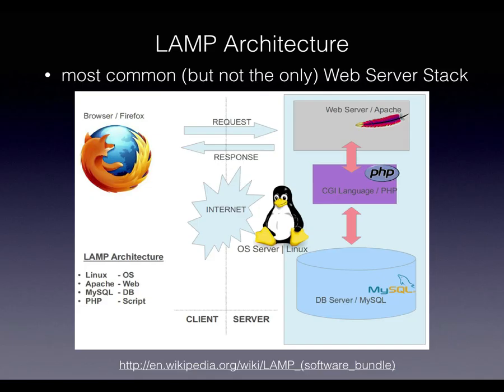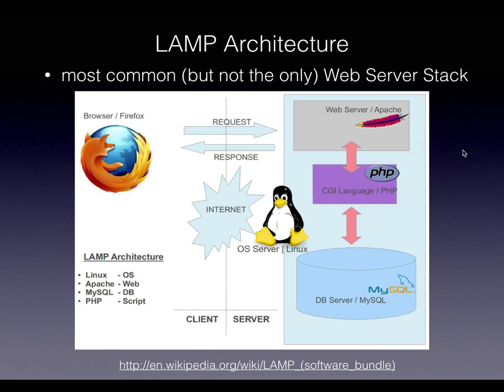So this slide's all about what the software that's running on a web server actually looks like. This diagram here again is split into client and server. The client in our case is generally a web browser, but the side I'm interested in here is the right hand side, the server side.